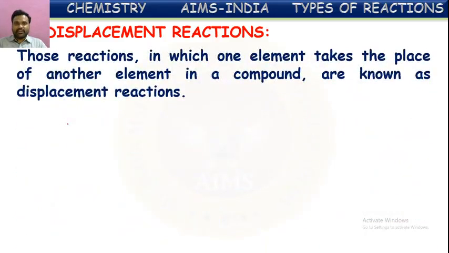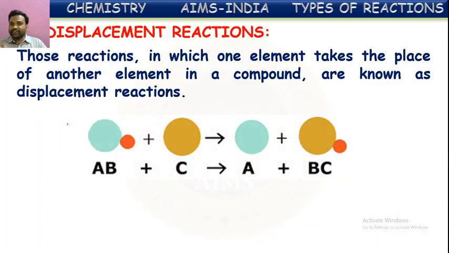Those reactions in which one element takes the place of another element in a compound are known as displacement reactions. That means the chemical reactions in which one element takes the place of another element in a compound are known as displacement reactions, or simply simple displacement reactions. You can see a diagrammatic example here. AB is a compound.